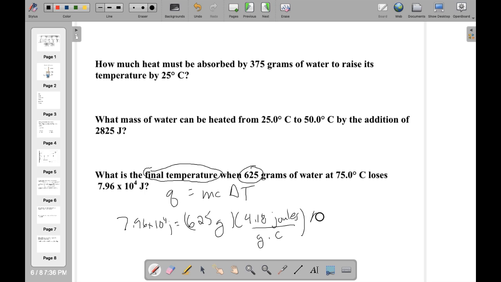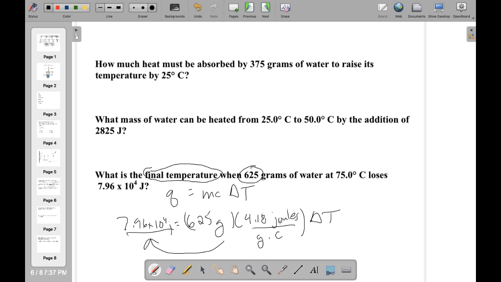But I have this right here. Okay, well, how do I get this on one side? I need the delta T on one side of this equation. So yet again, I'm going to have to take all of this and put it over here. So 7.96 times 10 to the fourth divided by 625 times 4.18 joules. Okay?